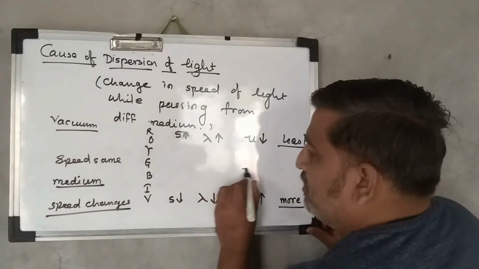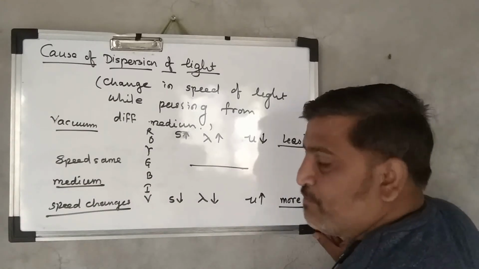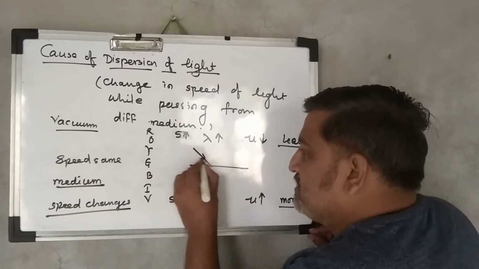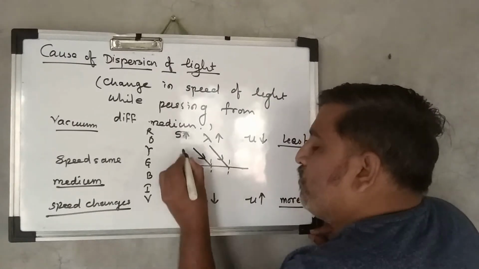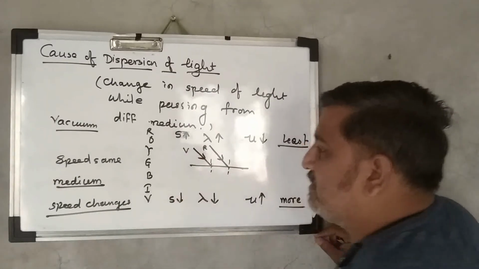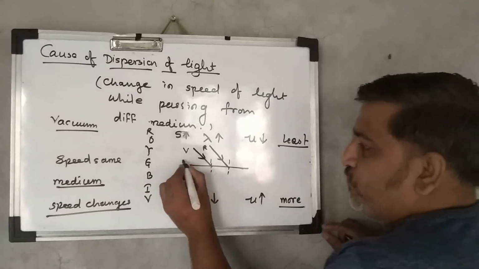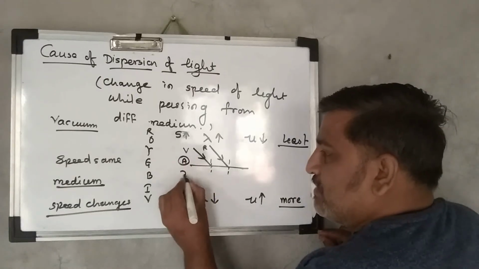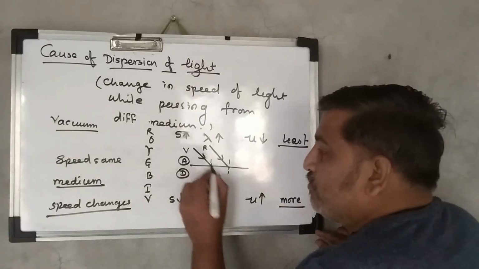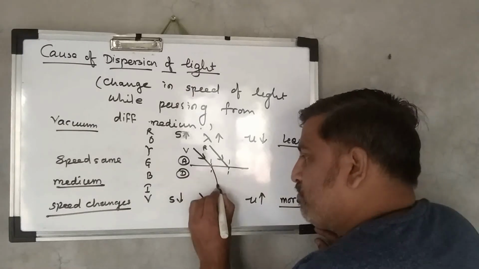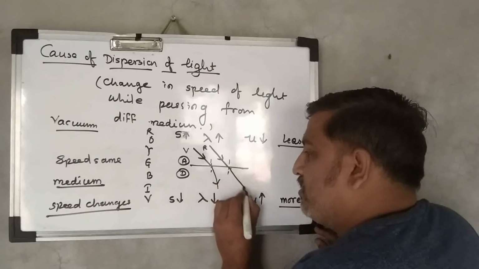I can explain this. See, this is a surface medium. Two rays are incident parallelly, one say violet color, the other say red color. Now it is going from an air medium to a denser medium, say glass medium. What do you find over here? You find that the bending shown by the violet color is more than the red color.